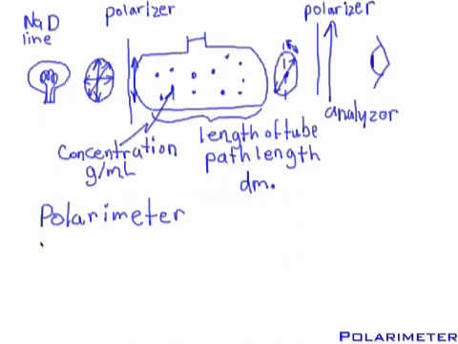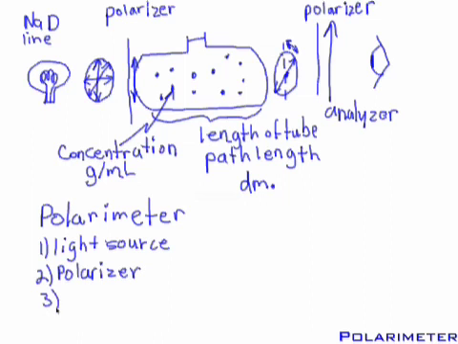What you need to properly build a polarimeter is a light source, your polarizing filter, which is called the polarizer, then your sample tube, and emerging from the sample tube we have another polarizing filter called the analyzer.